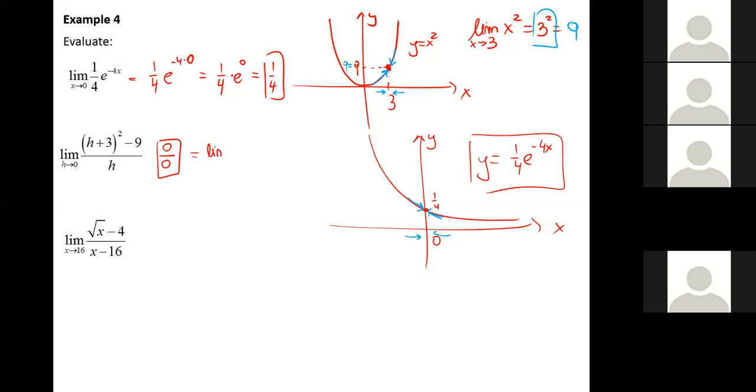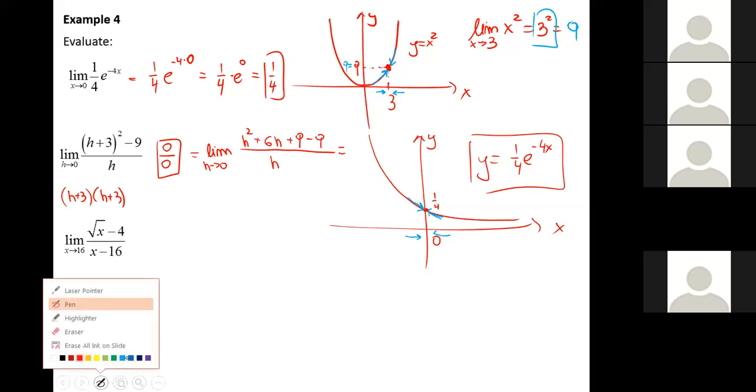I will copy my limit because I'm still in the limit, and I will expand h plus 3 squared, which means h plus 3 times h plus 3. It will be h squared, 3h and 3h is 6h, 3 times 3, 9. And then minus 9, over h.